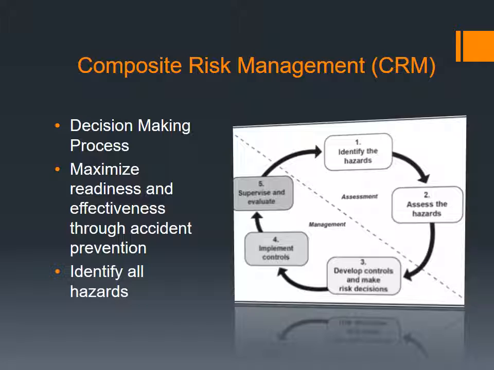While these 2 areas of concern remain, the primary premise of CRM is that it does not matter where or how the loss occurs, the result is the same: decreased combat power and reduced mission effectiveness. The Army currently uses a 5-step process of identify the hazards, assess the hazards, develop controls and make risk decisions, implement controls, and supervise and evaluate.